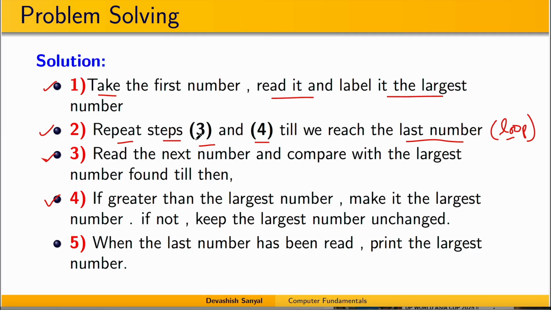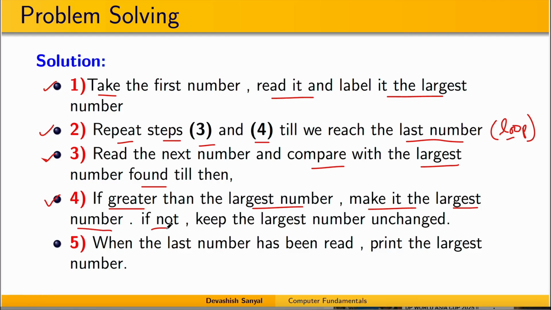So what is step 3? Read the next number and compare it with the largest number found till then. If the next number is greater than the largest number, okay, my largest number was 100, so if the second number is greater than 100, then make it the largest number.